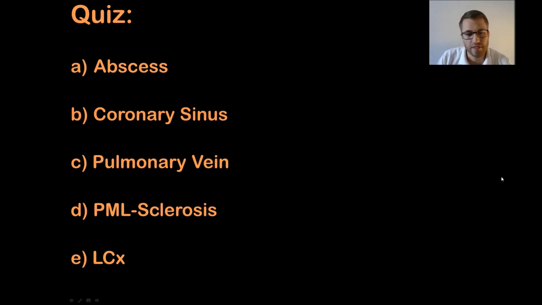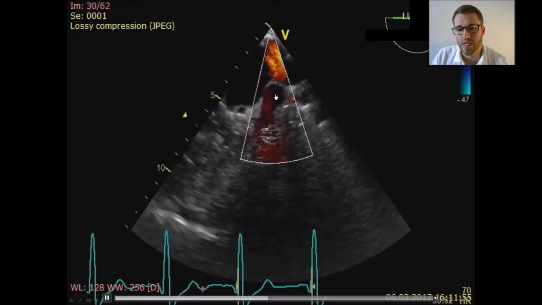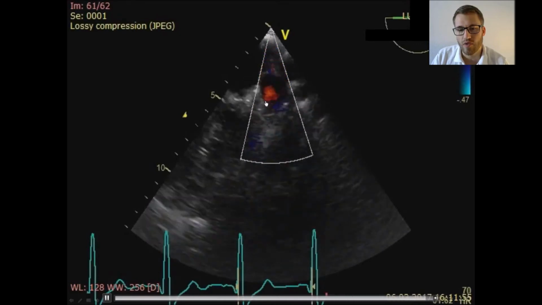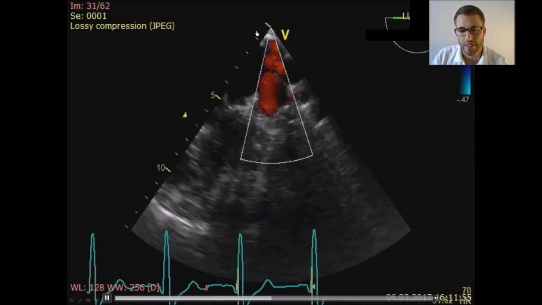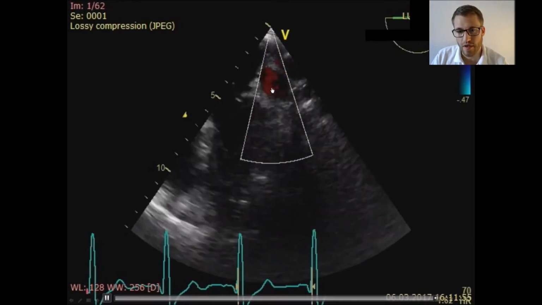Okay, I'll give you the answer. It's the coronary sinus, and most of you will have known that, but I just wanted to show. If you put the color Doppler inside, then we see this structure indeed is a closed structure, separated from the left atrium. Here's a wall, and there's color inside.